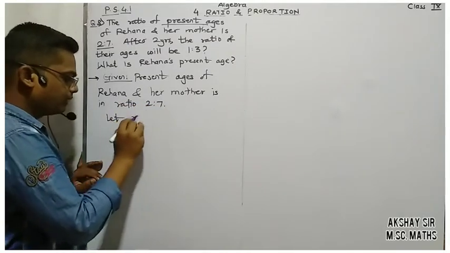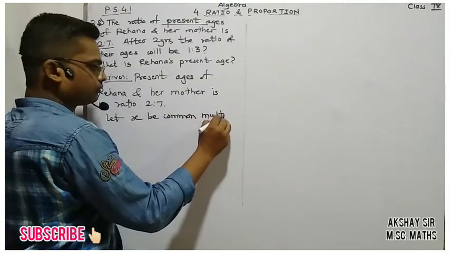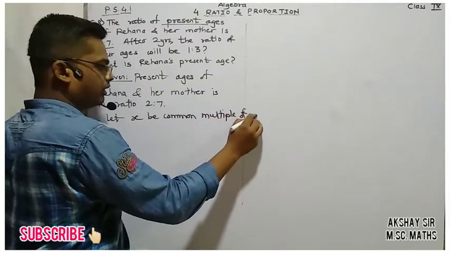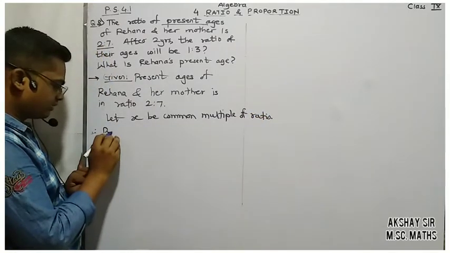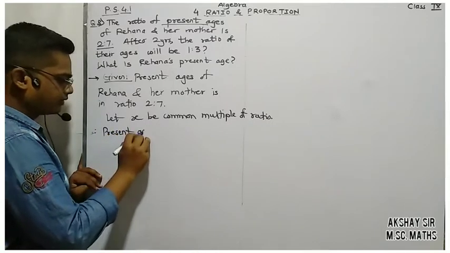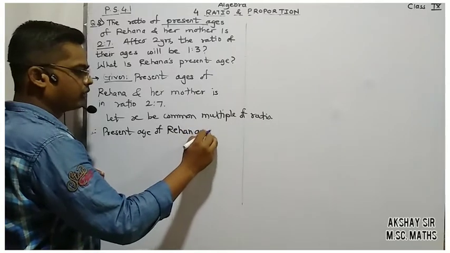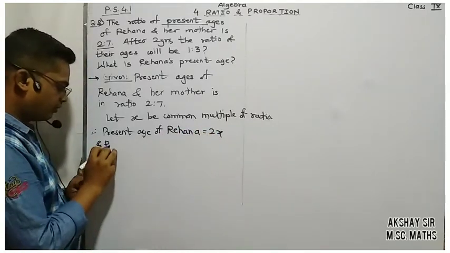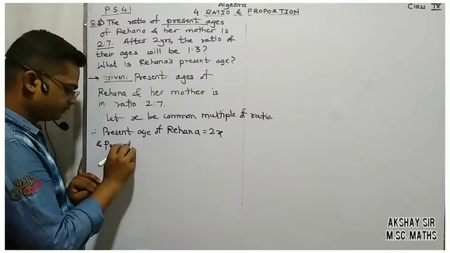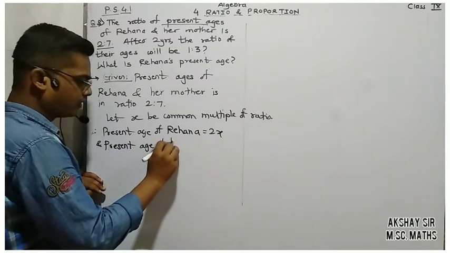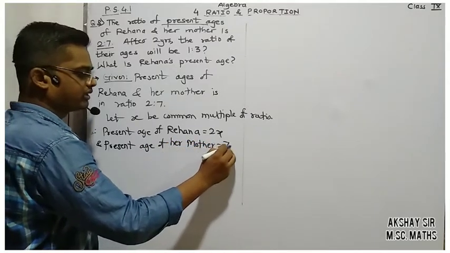Let x be the common multiple of the given ratio. So we get their present ages as: present age of Rihanna equals 2x and the present age of her mother, given 7, that is 7x.